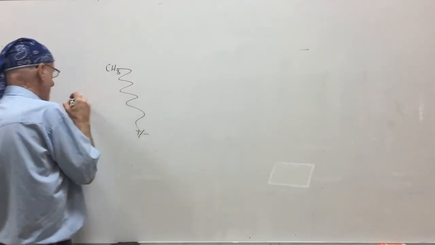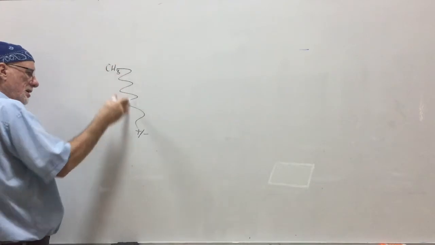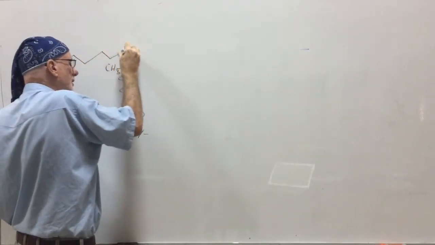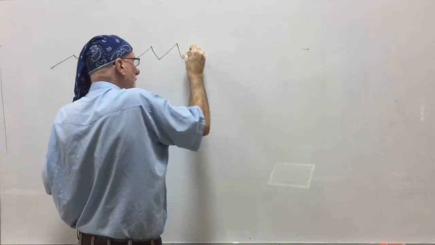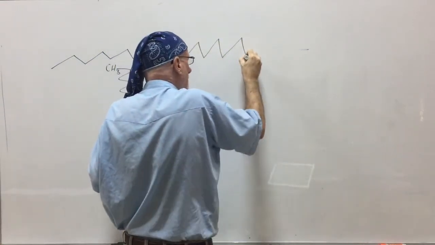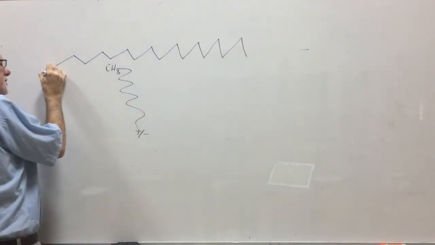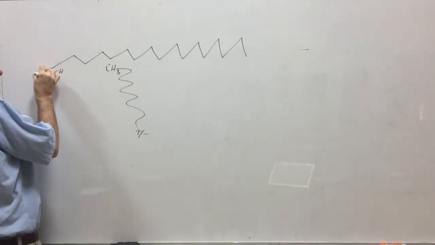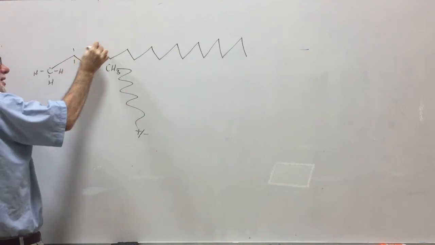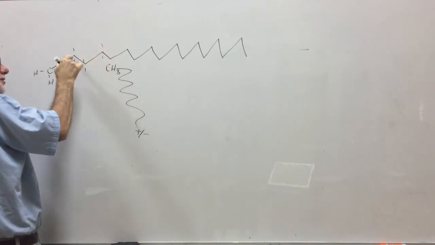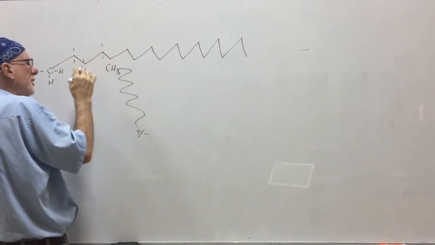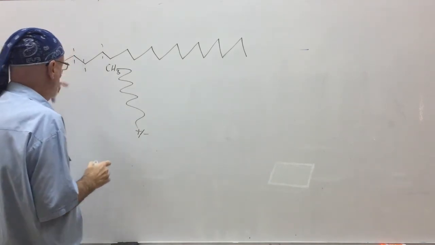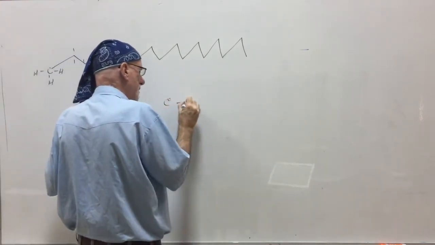It literally looks like gasoline. This is C, H, H, H, and there are H's coming off of here. These are all carbons, and so these are all bonds. So you have two hydrogens. So it actually looks like this.